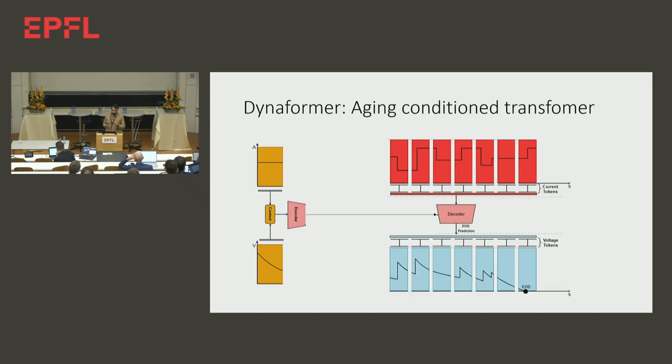And our answer was this novel architecture we're proposing. We call it Dynaformer because it's totally inspired by transformers and vision transformers, although there are some technical tricks that we use. The idea is that we train end-to-end, so we don't need those parameters eventually. We can just train end-to-end a network that takes as input a current profile and outputs this voltage profile.